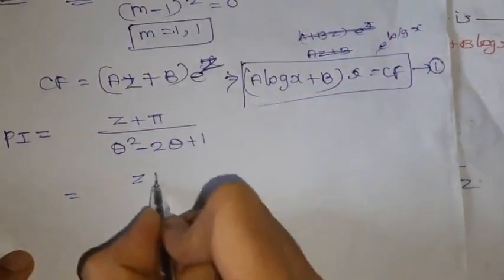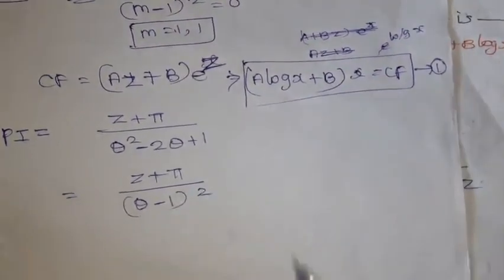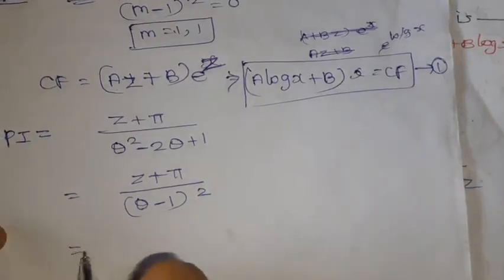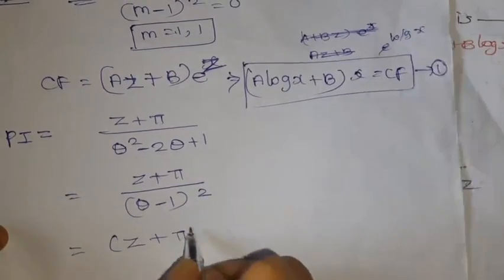Pi is a constant, so let it be. Theta minus 1 the whole square. We can write like this, yes, theta minus 1 the whole squared. So we should replace it by the 1 minus theta format.